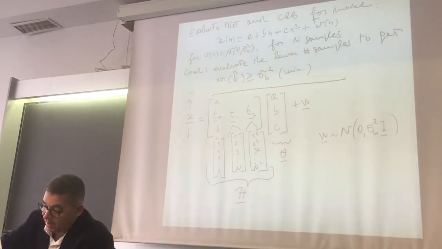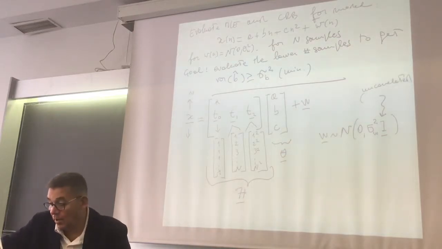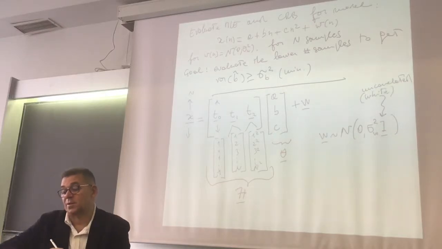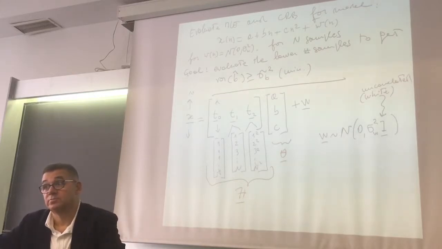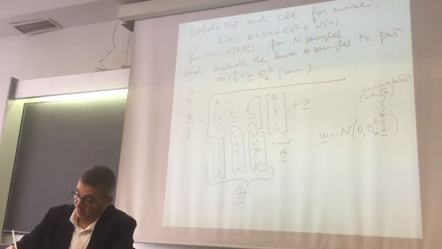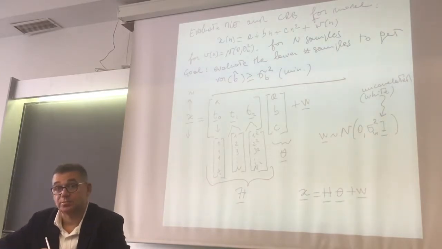The fact that it is identity is because the samples are uncorrelated, or if you like, white. So I wrote the model. Once I wrote the model, I go to the canonical way. This is represented as a linear model, H theta plus W.